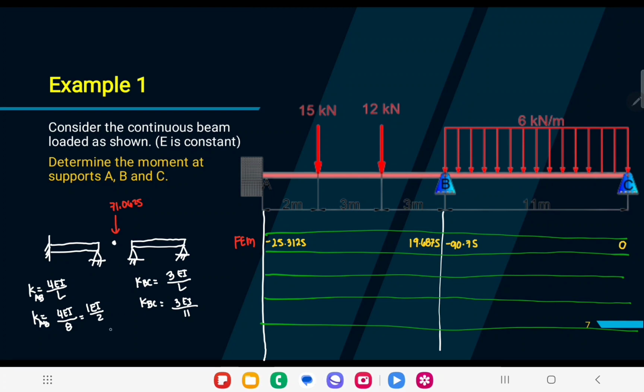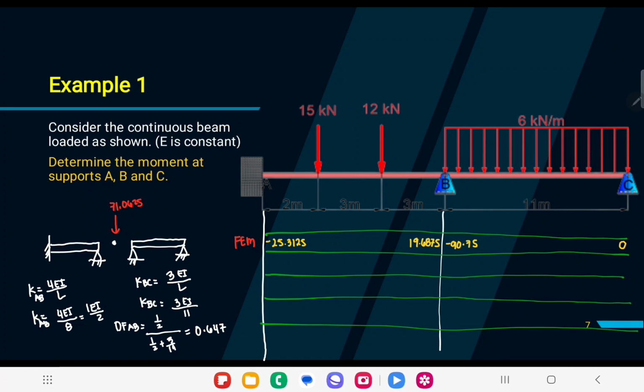Okay? And then, when we try to find the distribution factor for both segments, DFAB muna tayo. DFAB is just 1/2 over 1/2 plus 3 over 11. Okay? So, our distribution factor for AB is equal to 0.647.